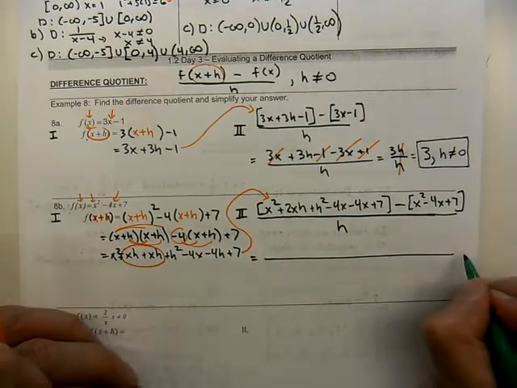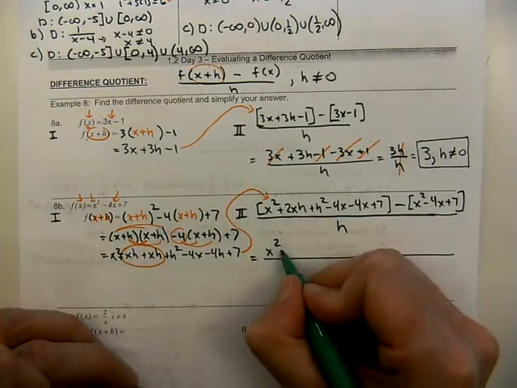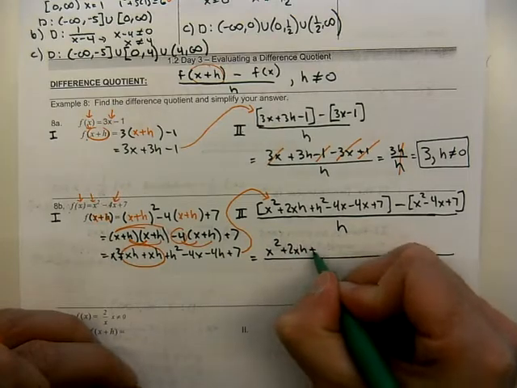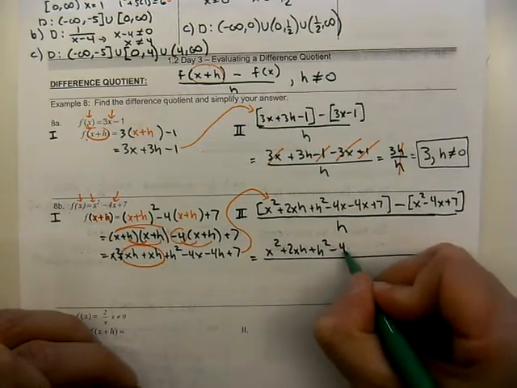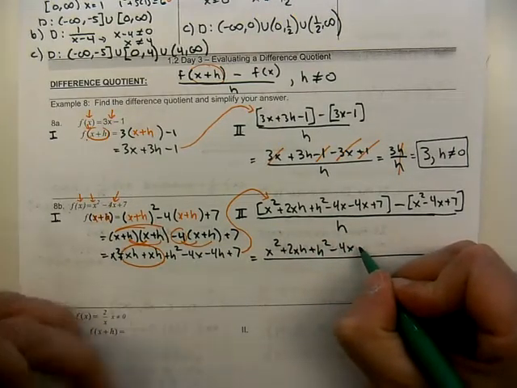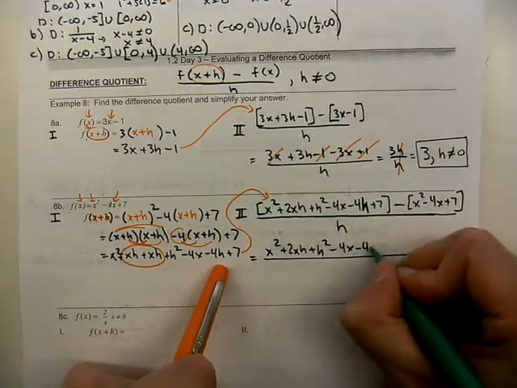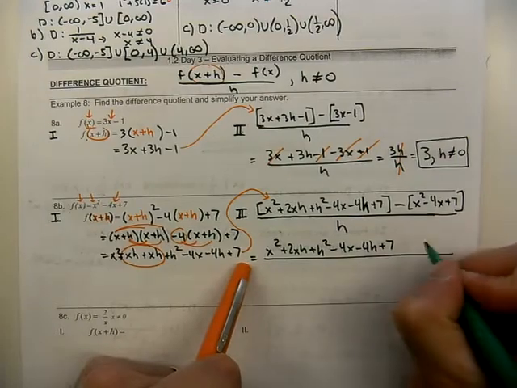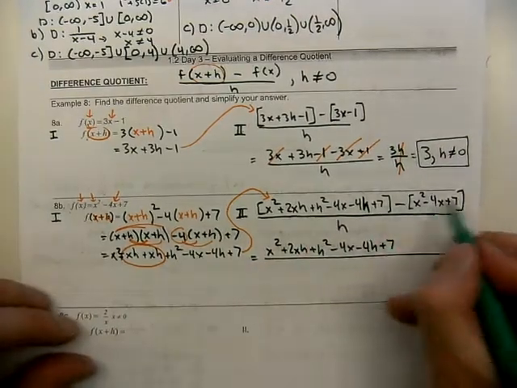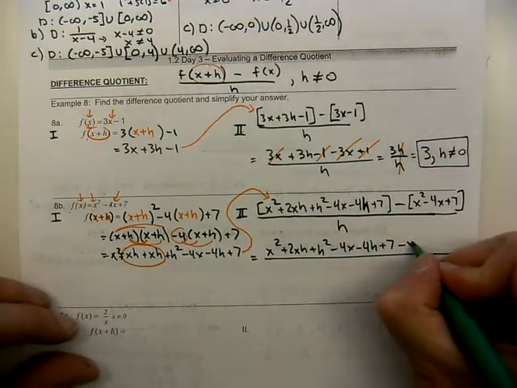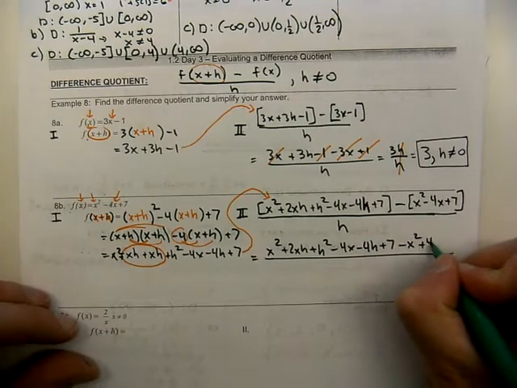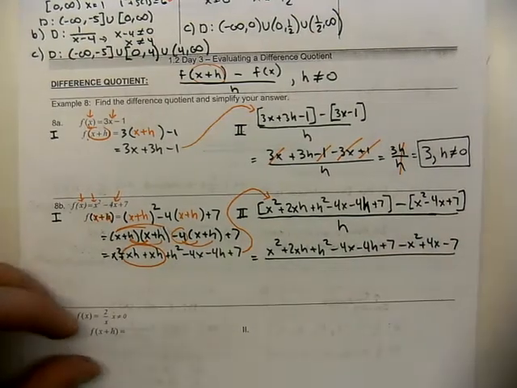So we have a bit of writing here. X squared plus 2xh plus h squared minus 4x. That should be a minus 4h. That's my typo. So minus 4h plus 7. Now we'll distribute that negative sign, so that's a negative x squared plus 4x and minus 7.